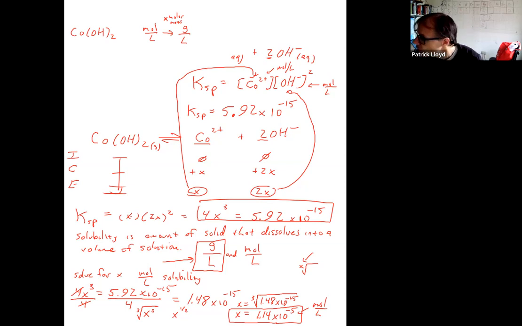So cobalt, let's see what the molar mass of cobalt is. I have to look that up on a periodic table, so let me bring up a little periodic table here. Handy right here. So cobalt is 58.933.